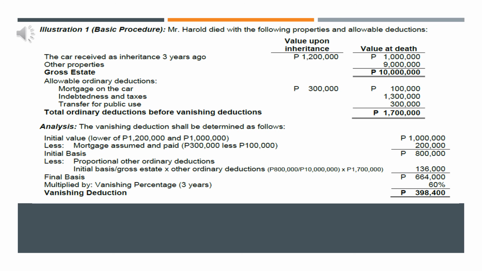So, our final basis, i-deduct lang natin yan sa initial basis, and that is 664. Since 3 years yan siya, ang 3 years is 60%. So, therefore, 60% ang magiging vanishing deduction natin doon sa deductions to gross estate. So, the vanishing deduction is 398,400 pesos. So, there you have it, the ordinary deductions in the gross estate.